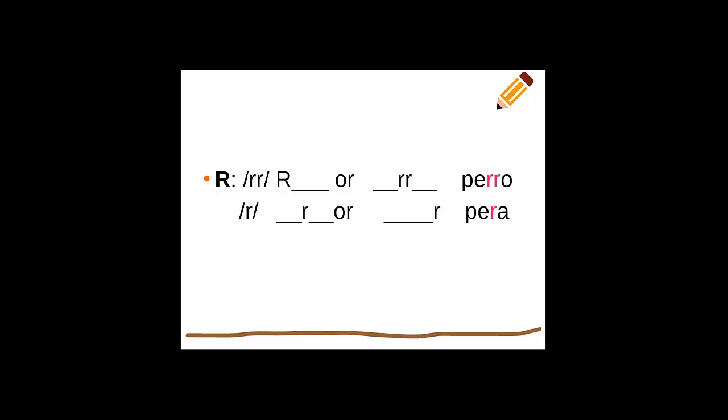Ere is the soft counterpart. You can find it in between words or at the end. If you find it in between words with two R's, then you need to pronounce it strong. For instance, pera. Pera means pear.